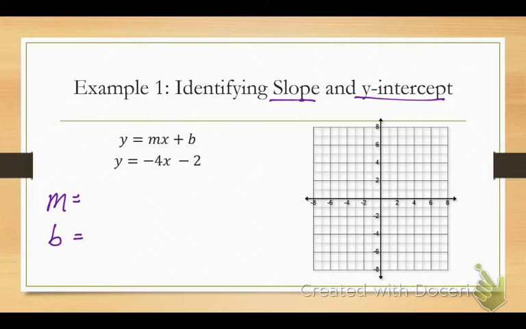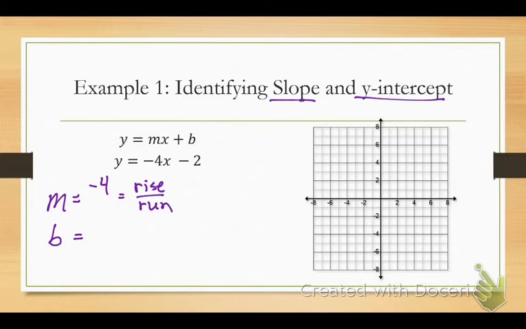So which number is substituted in for m in this equation? -4. Now, -4 is only one number though. Technically, I need rise over run for my slope. So what can I put -4 over that would not change its value?